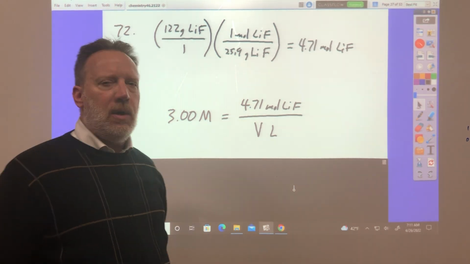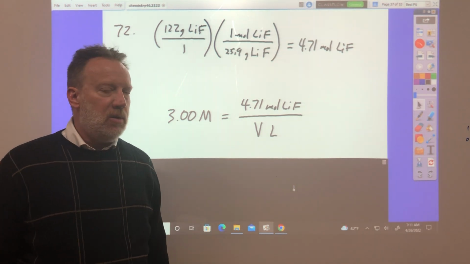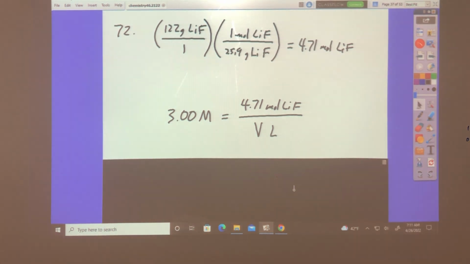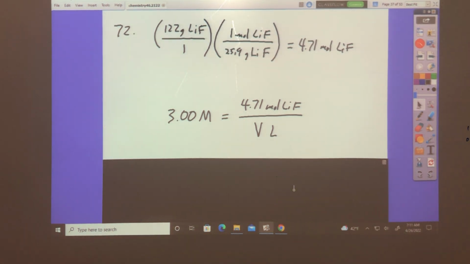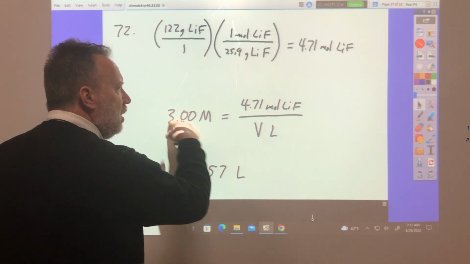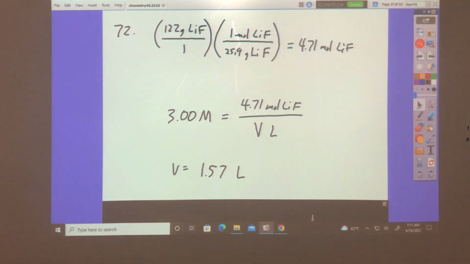I will make sure I go out of my way to put one on the test. The math is similar to this to make sure you know how to do 7th grade pre-algebra. So it's 4.171, this goes here, divided by 3, comes out to be 1.57. Something like that. Next one.